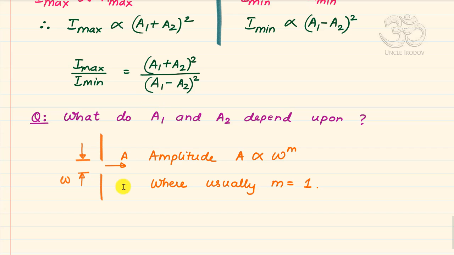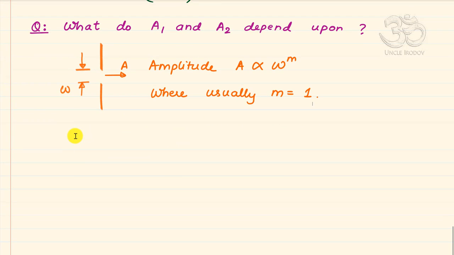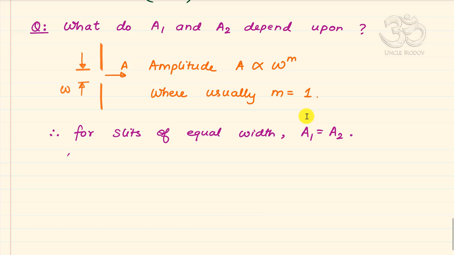So it stands to reason that if you take equal widths, then A1 becomes equal to A2. So therefore, for slits of equal width, A1 will become equal to A2, and so I max will be proportional to 4A square and I min will be proportional to 0.